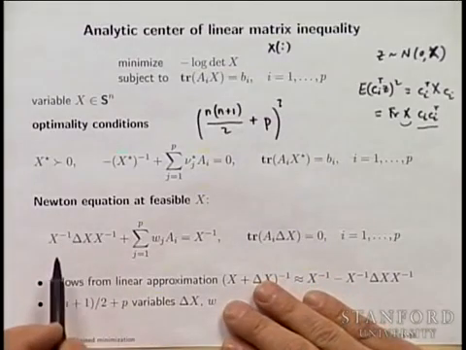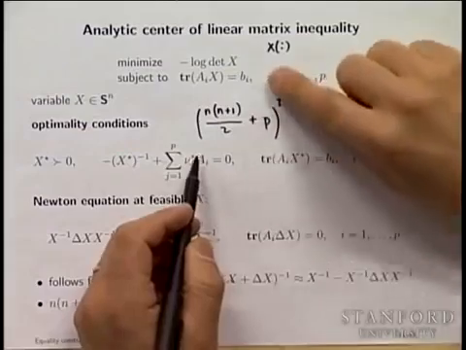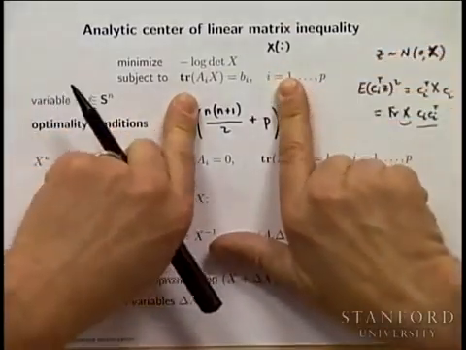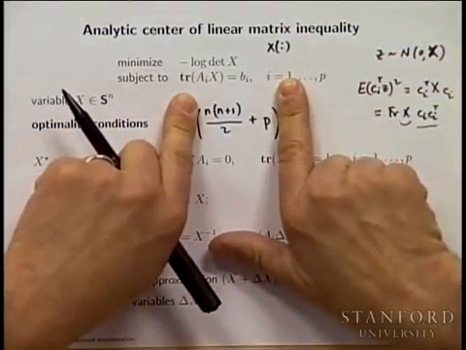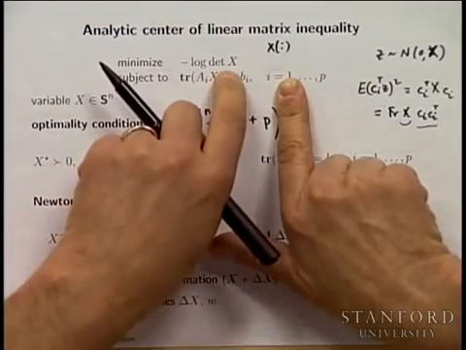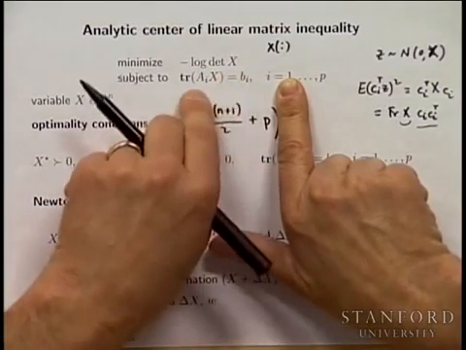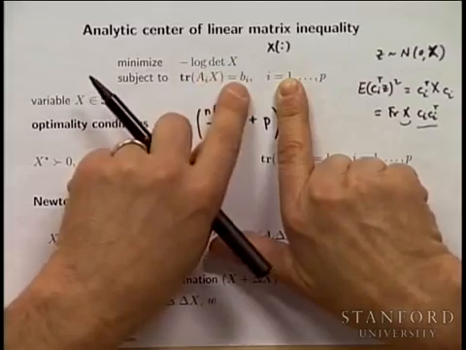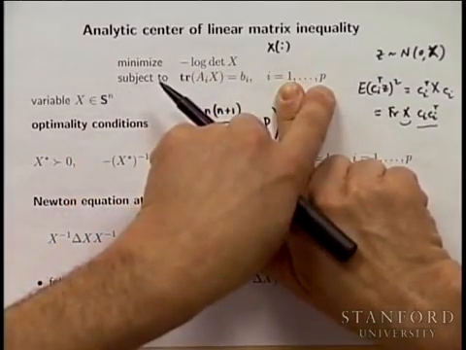The Newton step solves a set of basically n squared over 2 plus p equations in n squared over 2 plus p unknowns. The unknowns are delta X Newton and the dual variables nu, of which there are p.